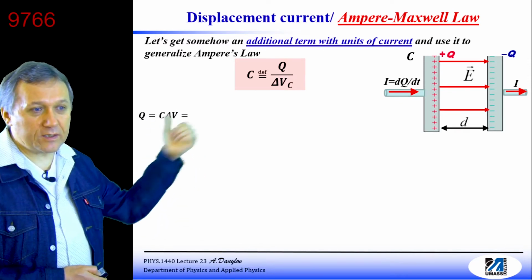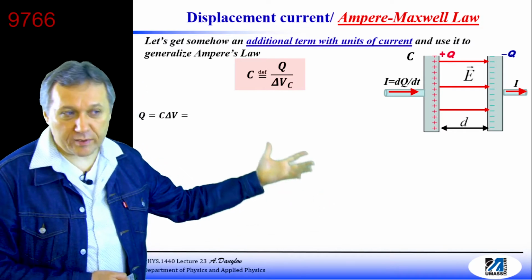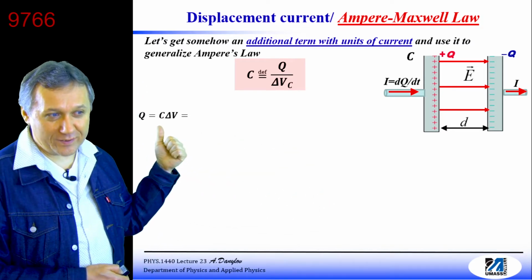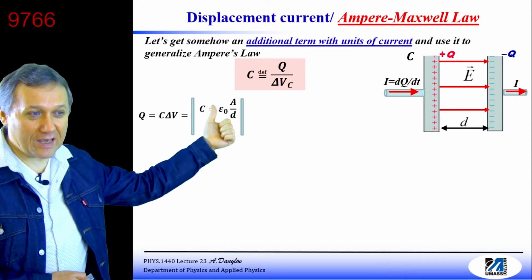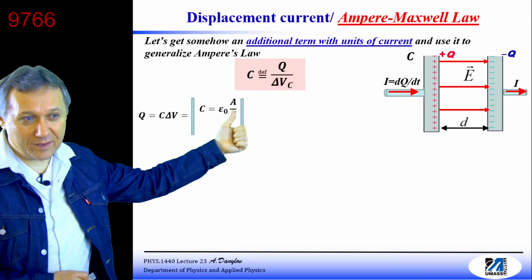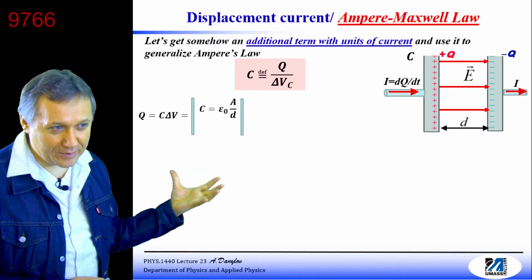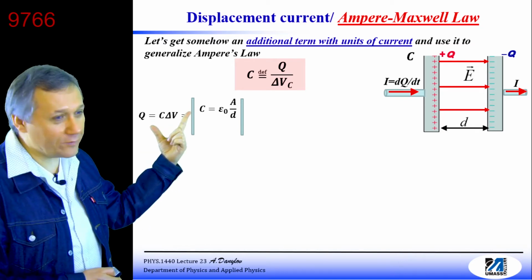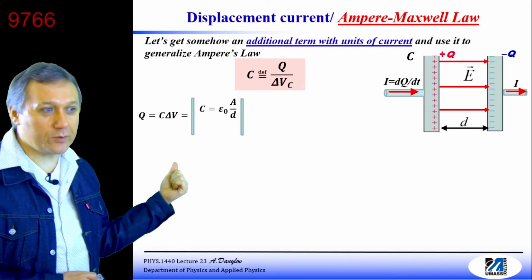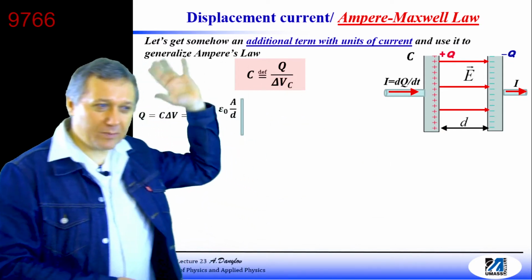So first, C. Since we're dealing with a parallel plate capacitor, we can easily write an expression for C, because you remember we derived it. C is epsilon naught A, where A is the area of the plates, divided by the spacing between the plates. So that's what we're going to use instead of C. Now, instead of delta V, we're going to use the formula which we derived many classes ago.